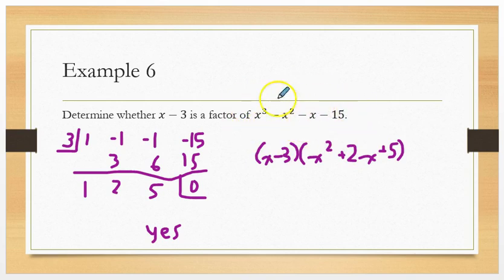So we've essentially factored this big ugly expression into two smaller parts, and then we could continue factoring the smaller parts that are left using quadratic formula or one of our other factoring techniques. But the way this question is worded, all they wanted us to say was that yes, x minus 3 is a factor. It will be important that we can break this down in the next upcoming sections.